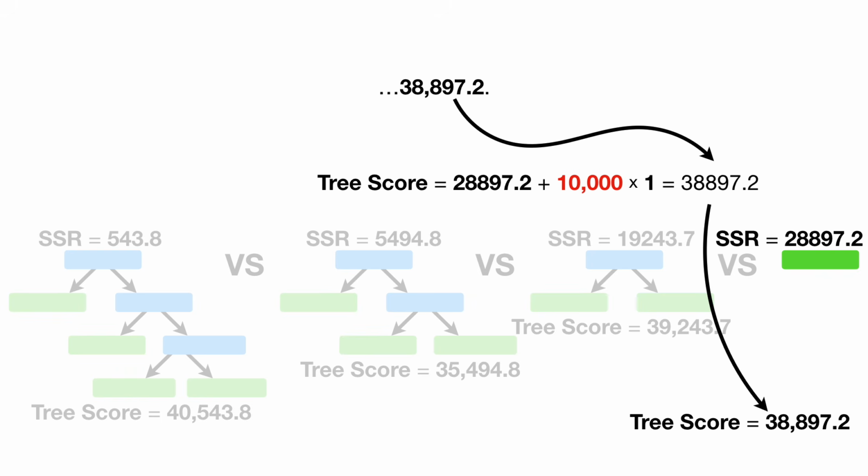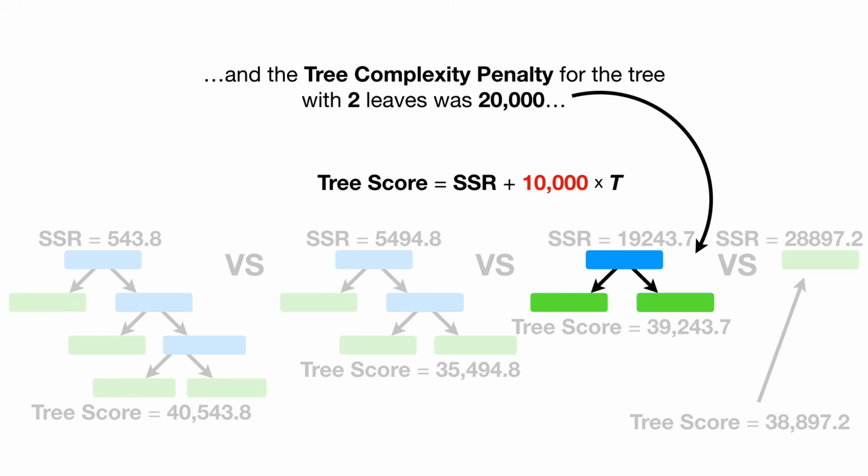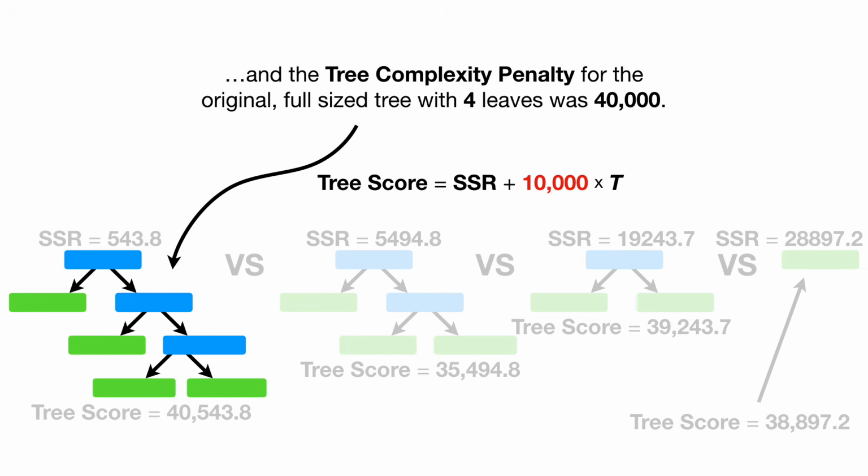Note, because alpha equals 10,000, the tree complexity penalty for the tree with one leaf was 10,000, and the tree complexity penalty for the tree with two leaves was 20,000, and the tree complexity penalty for the tree with three leaves was 30,000, and the tree complexity penalty for the original full-size tree with four leaves was 40,000.